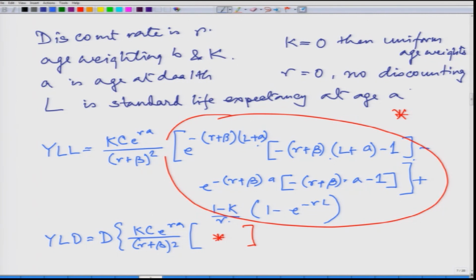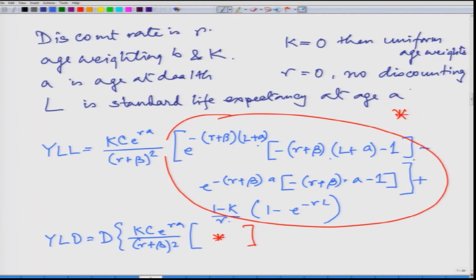Okay. So this is about how we estimate years of life lost and years lived with disability. Once you have an idea about these, you have the disability adjusted life years.